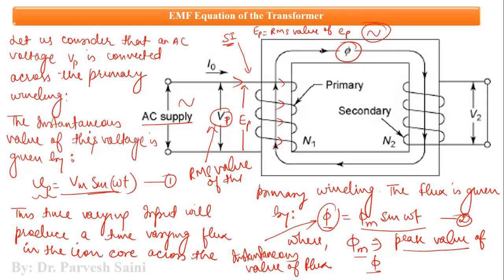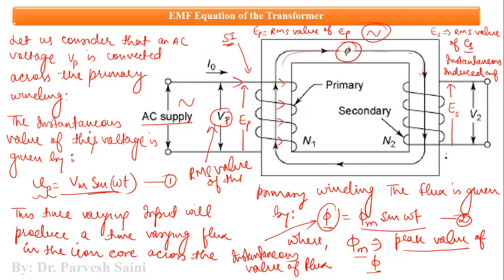Then, when this flux moves to the secondary winding and it is a bidirectional flux, it will induce a voltage ES in the secondary winding, and this ES is the RMS value of es, where this es is the instantaneous value of the induced voltage or EMF, right?